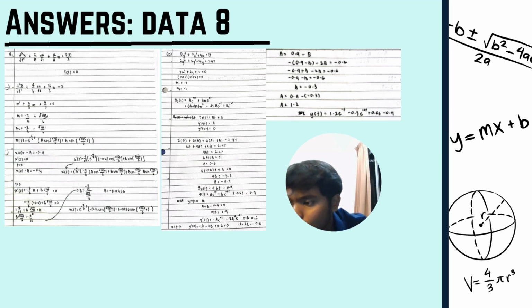And then for t equals 0, for x prime 0, we're going to get b equals negative 0.0956, and we're going to put it in the final equation. So it's going to be e to the negative 7 over 6t, in bracket, negative 0.4 cos 143 over 6t minus 0.0956 sin 143 over 6t.